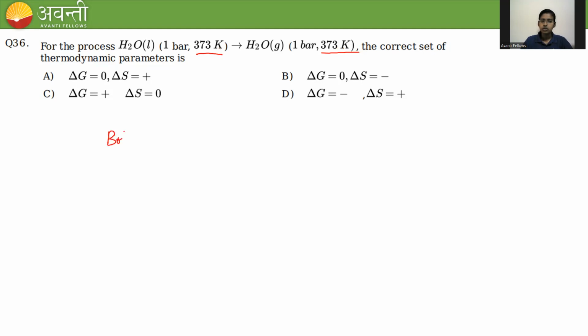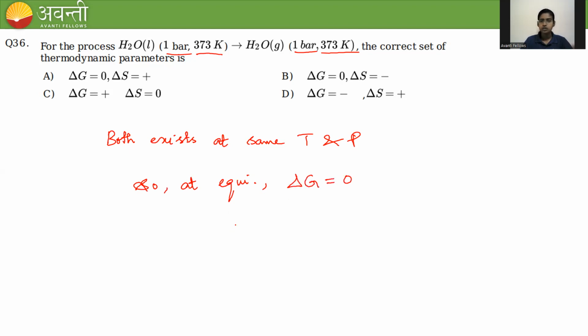So both H2O phases exist at the same temperature. Not only temperature, pressure is also the same, right? Same temperature and pressure, so at equilibrium, delta G should be equal to 0. So option A or B should be the correct answer.